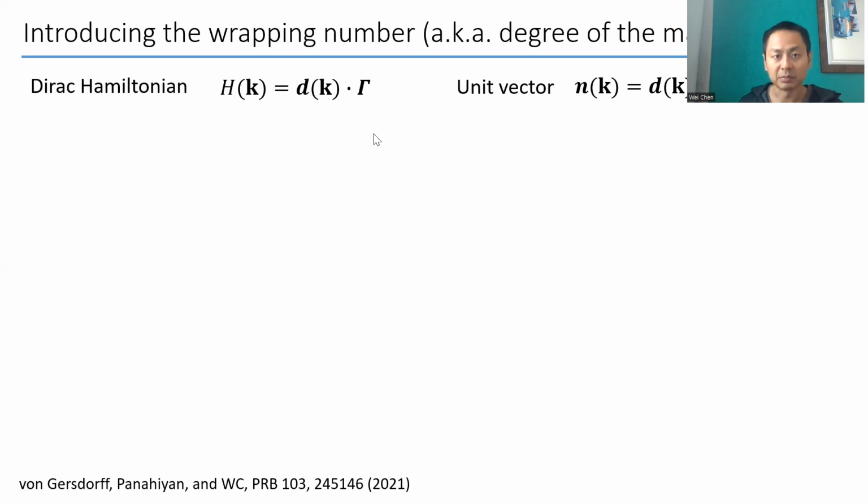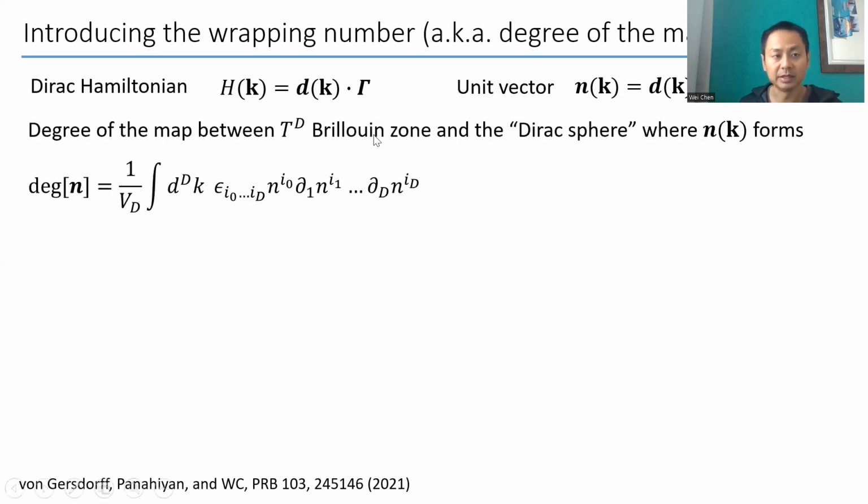And the wrapping number is calculated from this cyclic derivative of the components of this n(k) vector, where these derivatives are derivatives over components of momentum. And here, this factor makes it fully antisymmetric. And then you integrate over the momentum.